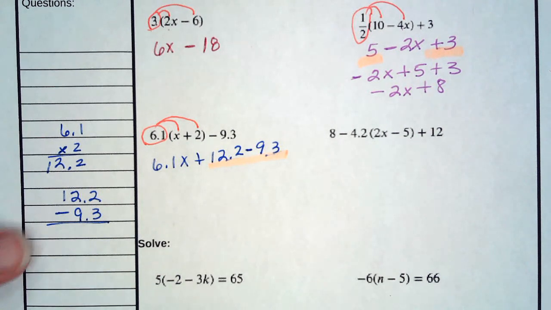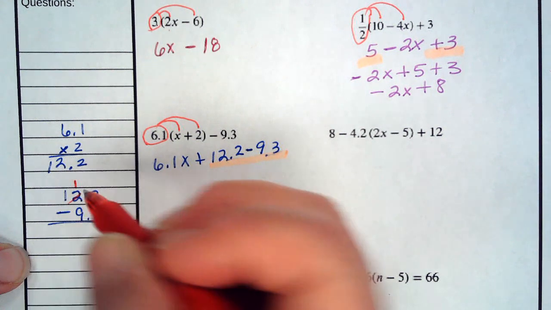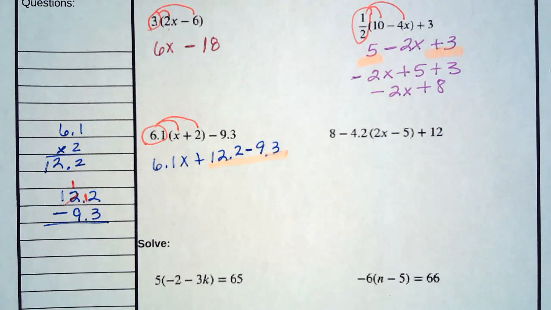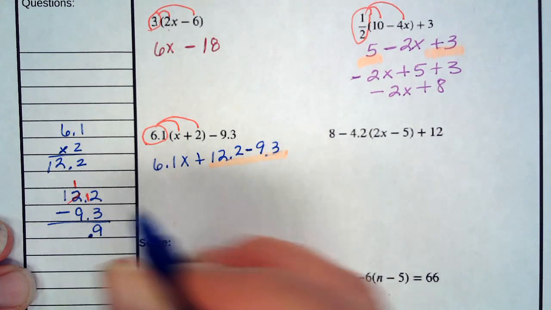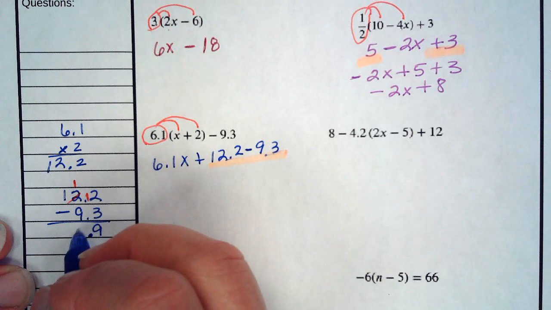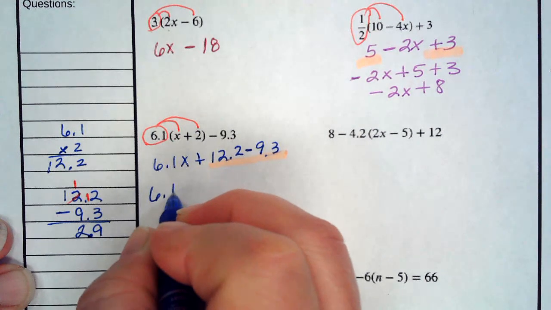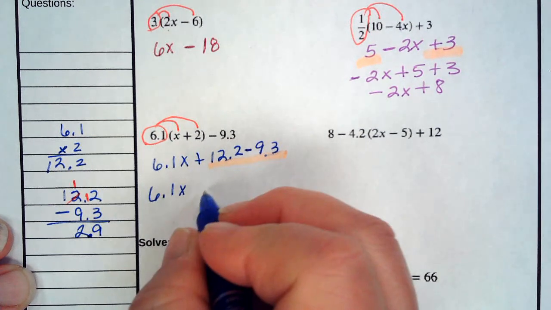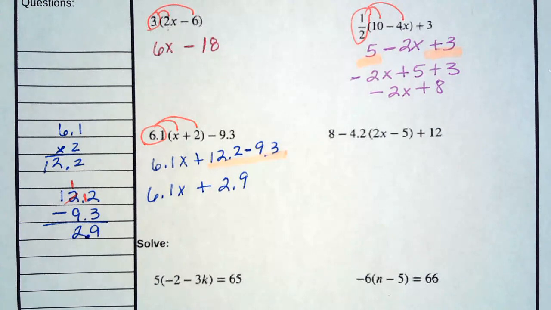I will borrow 1 from here, that leaves me with 1, and bring that 1 over here. 12 minus 3 is 9. Bring my decimal point down. 11 minus 9 is 2. So the 6.1x does not change. But this time it is plus 2.9.